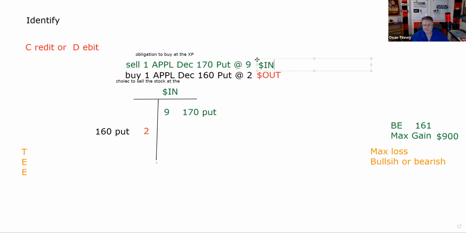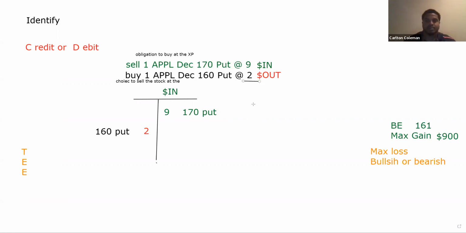Is this a debit spread, more money out than in, or is this a credit spread, more money in than out? Credit. This is a 7-point credit spread. When we net those two numbers, we end up with a 7-point net credit.